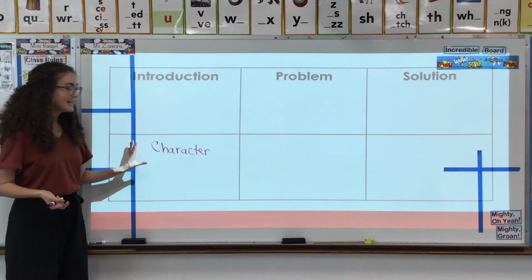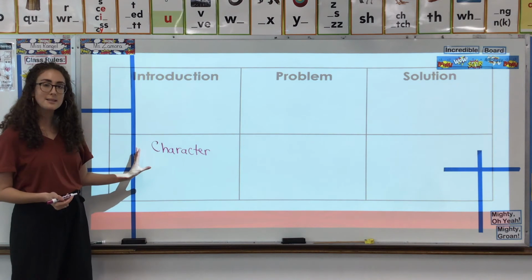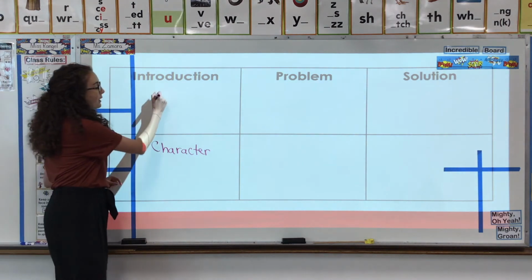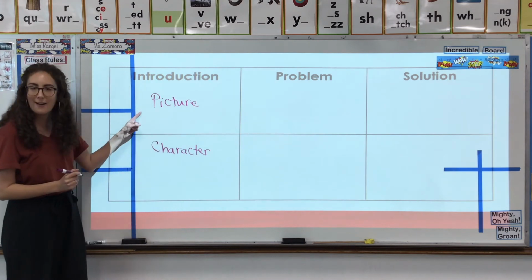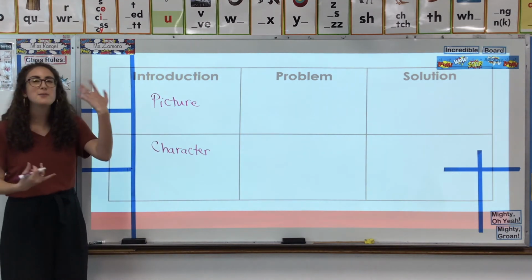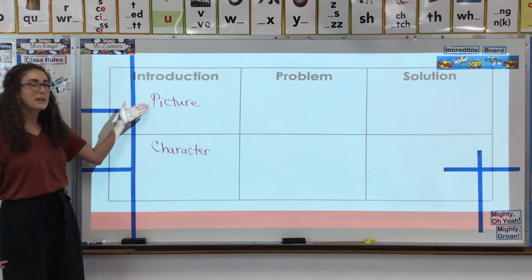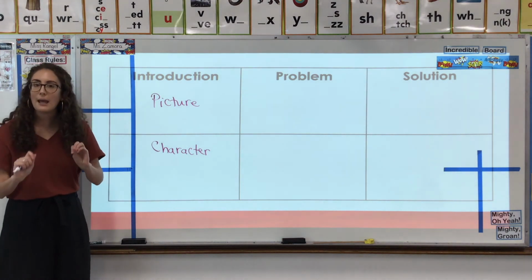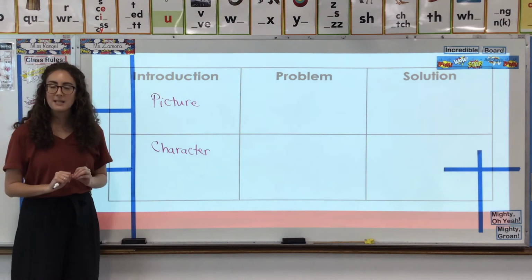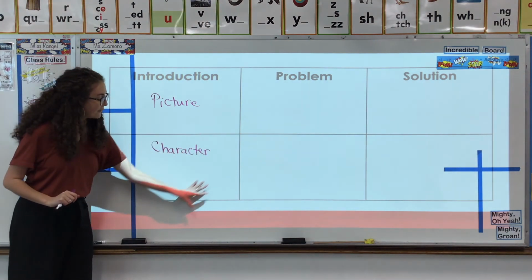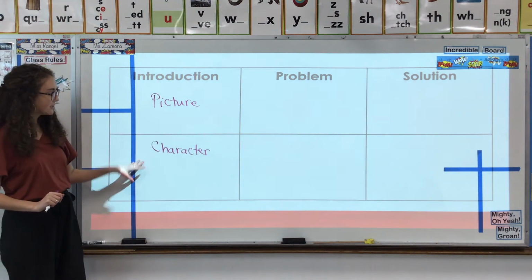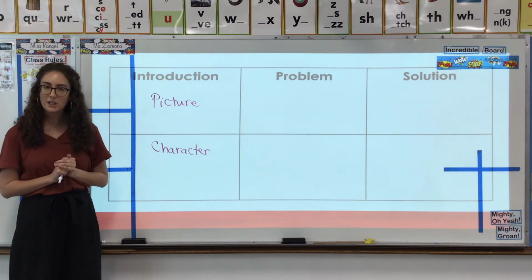So as you write down your character traits, I want you to draw a nice picture of your character. Use color, use detail, so you can really have that descriptive image to help you write really beautifully once we get there. So you're going to, in the introduction, write about your character and draw a picture of them.